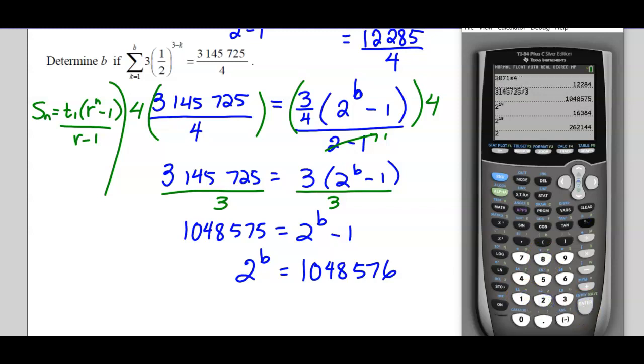Nope. 2 to the 22. Nope. 2 to the 24. Oh, you already went over. Oh, did I go over? Oh, yeah, I did. So that's this divided by 4, right? So 2 to the 20. You can use logs, yeah.